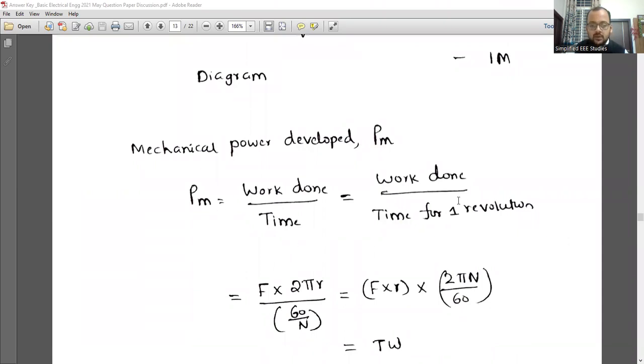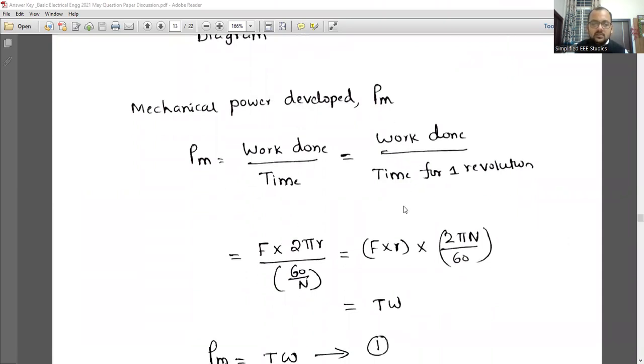Equation of power. So work can be written as force into 2 pi r. Why 2 pi r? Because the motor armature will be like this. Correct, no? To complete one revolution, what is the distance? Force into perpendicular distance, no. So we can write it as force into the distance covered, which is 2 pi r.